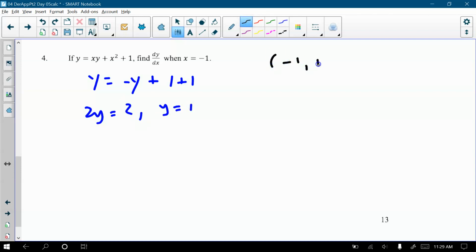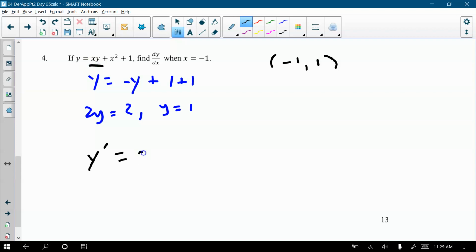So first thing I needed a point. Negative 1, 1 is my point. Now I can take the derivative. When I take the derivative of x with respect to x, I get dy dx, or actually I could just write y prime equals the derivative of the first. So again, this is going to be a product rule again.